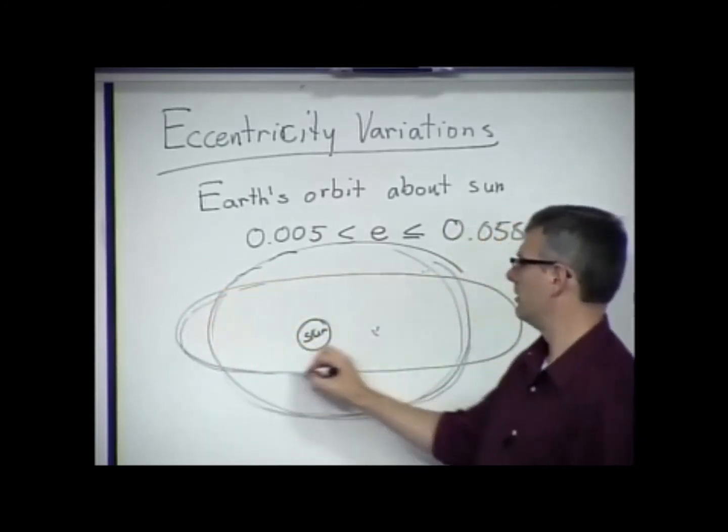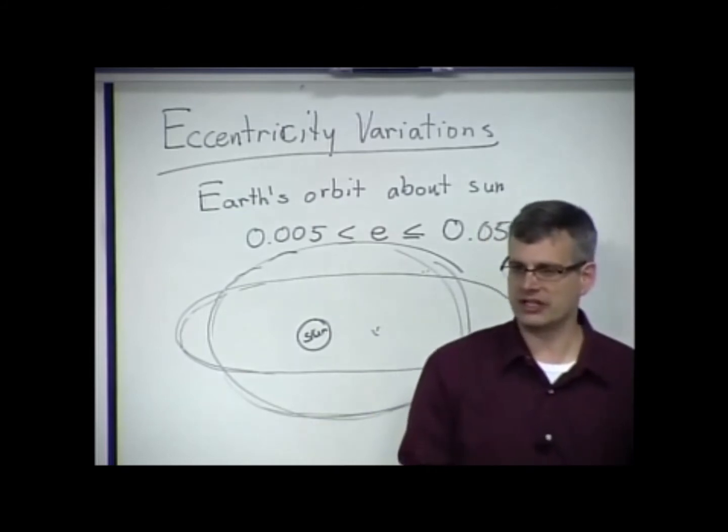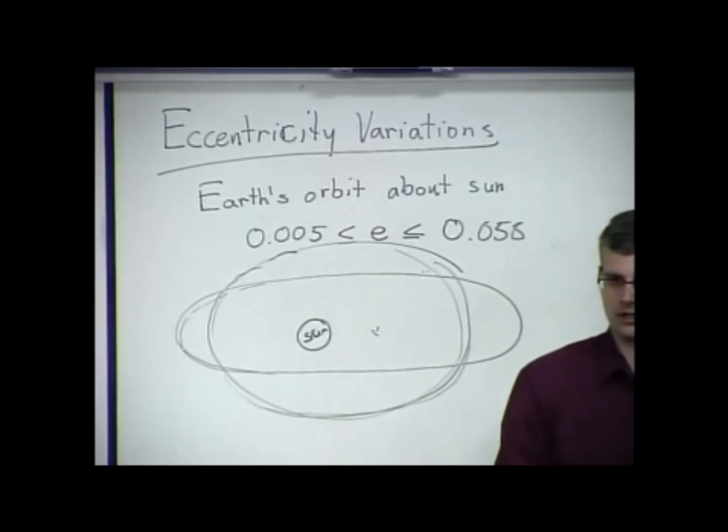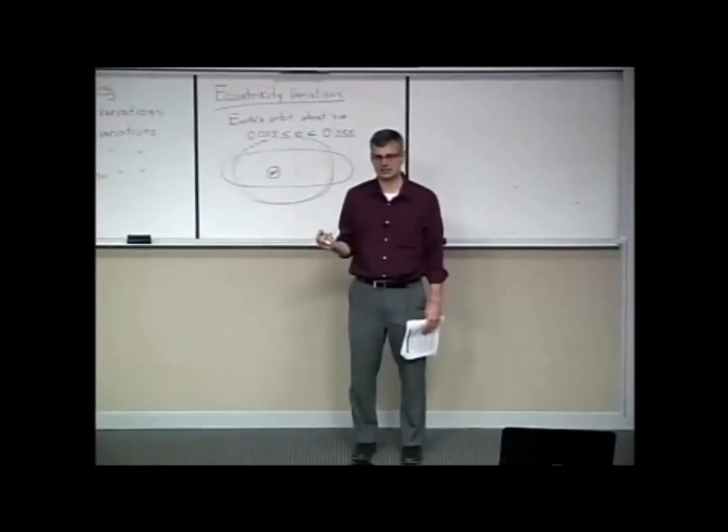But the semi-major axis will be roughly the same. Remember, we're not really adding a lot of energy to the Earth. We're just wobbling its eccentricity, stretching it a little in one direction, tautening it up in another. It'll still take roughly 1 year to get around the sun. We'll be at the same semi-major axis.